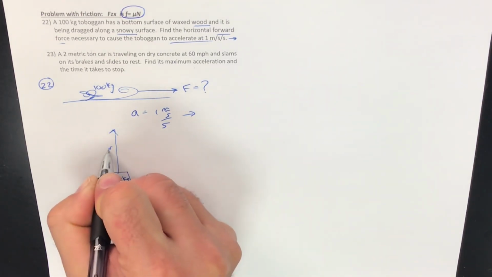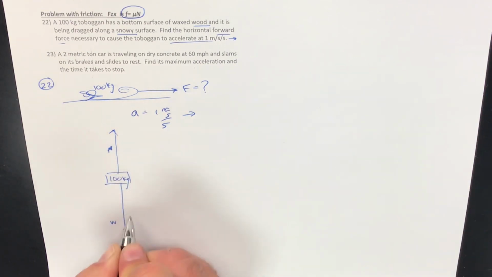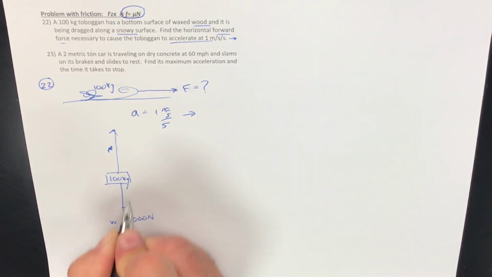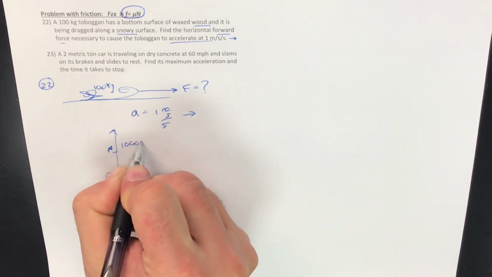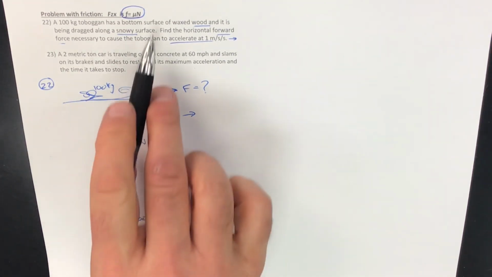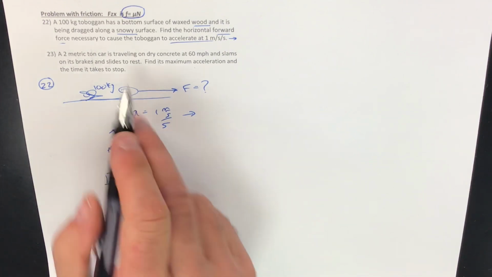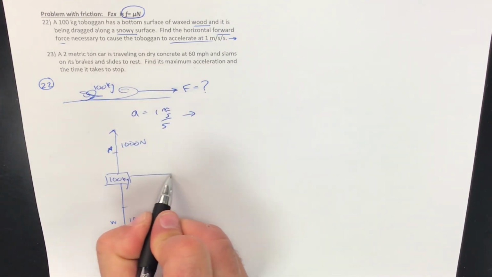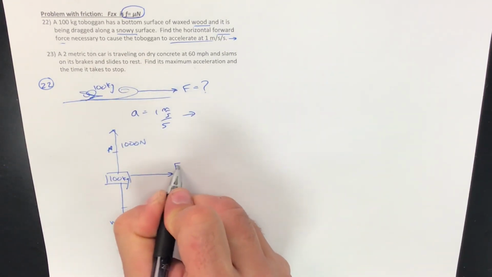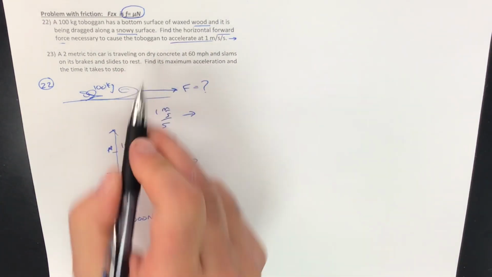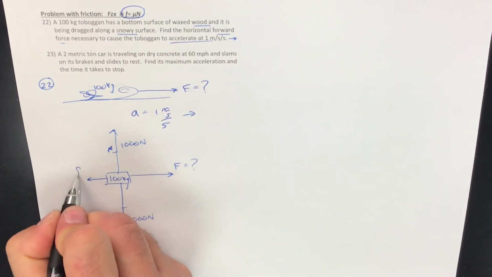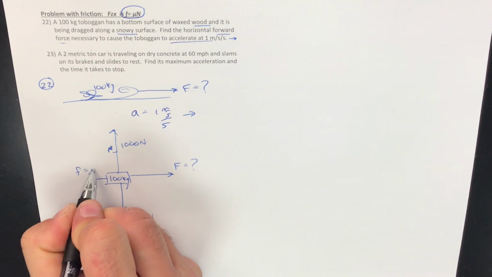No additional forces in the vertical direction, so 1,000 newtons balances the 1,000 newtons of the normal force. Forward force, I don't know what that is. So that's the unknown. Friction force is going to be backward.